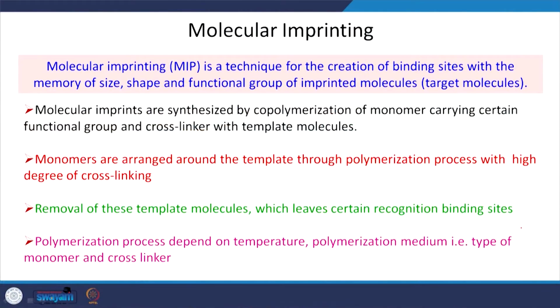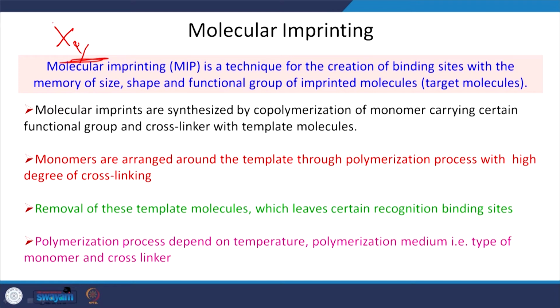Then comes molecular imprinting. Molecular imprinting is a technique for the creation of binding sites with the memory of the size, shape and functional group of the imprinted molecule. I am talking about something different. For all the methods which we have talked about, we had certain x which went and bound to certain y which was on the surface. This is not the case for molecular imprinting.